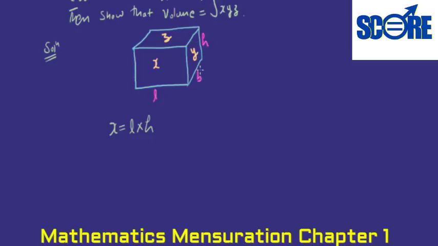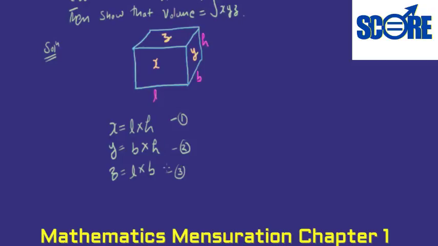So its area is b into h, so y equals b into h. Now z is the area of this surface, and this is again a rectangle having length L and breadth b. So z equals L into b. This is equation number 1, equation number 2, this is equation number 3.